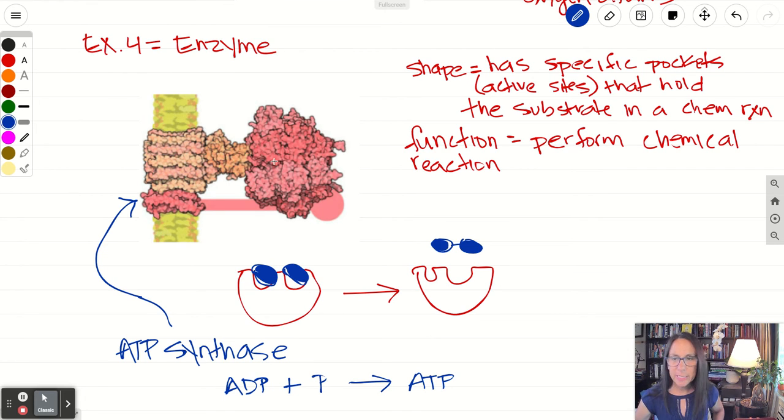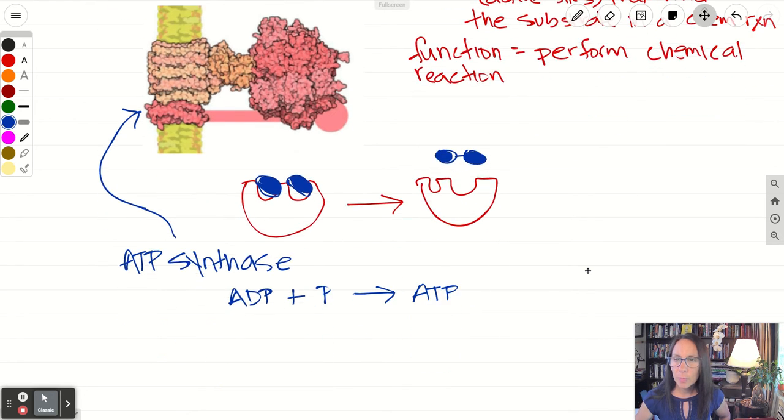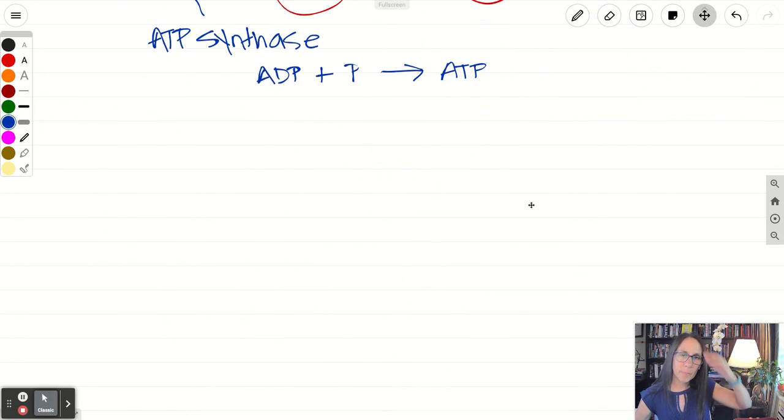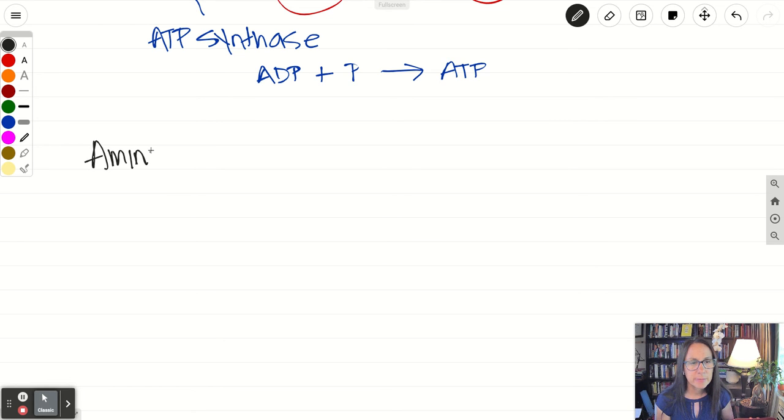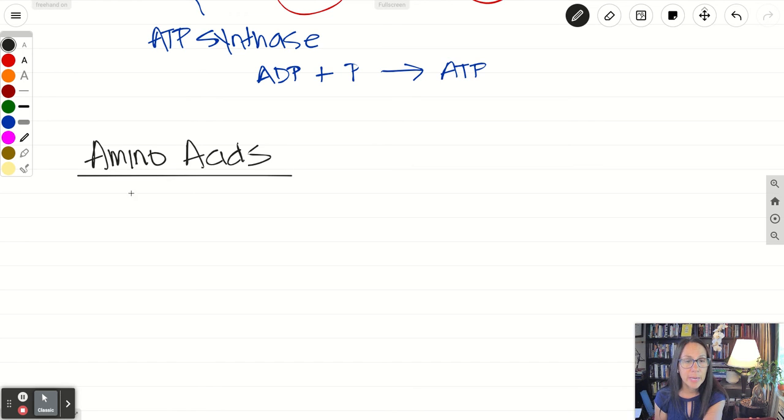So that's for the examples. What I would like to now point out is that proteins are made of these monomers. These monomers are called amino acids. So I'm going to put: amino acids are the monomers that proteins are made of.